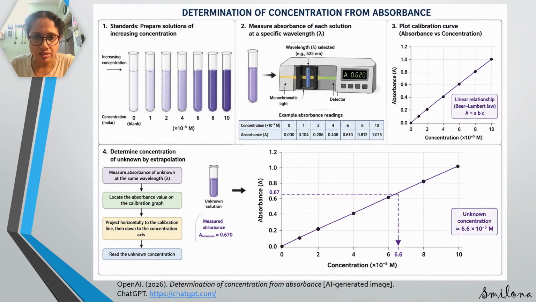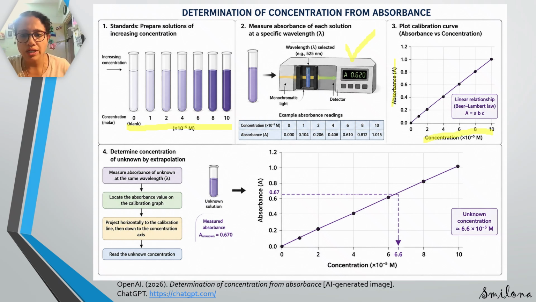Now, how do I use this? If I have a solution whose concentration I don't know, I take different concentrations of the same molecule and I measure their absorbance. Then I plot a graph between absorbance and concentration.